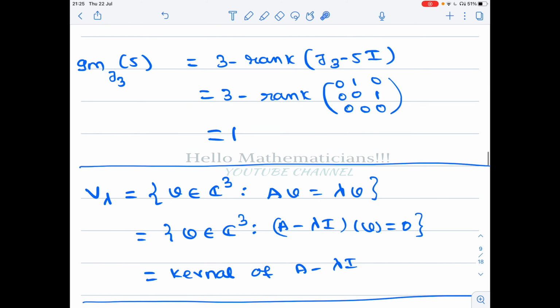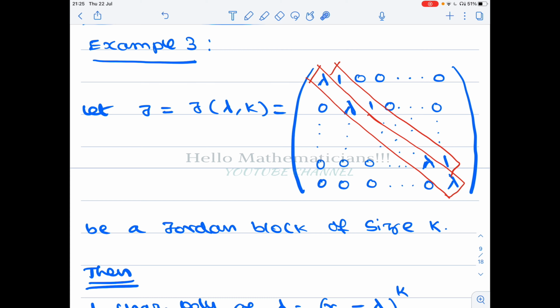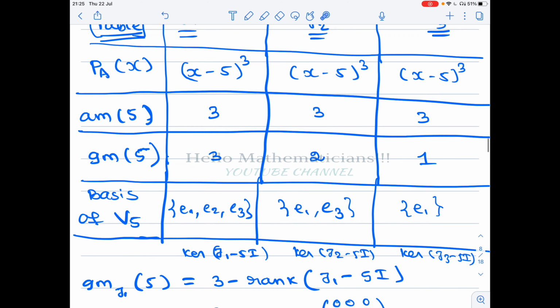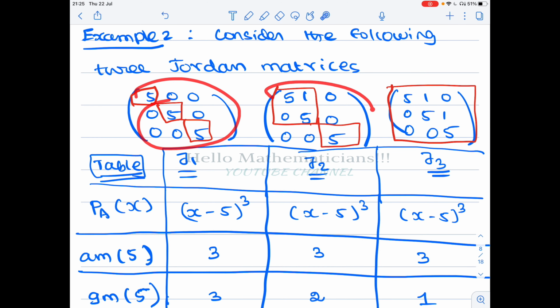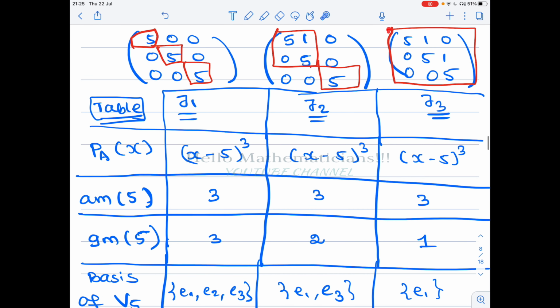Okay. So now we understood how these blocks behave with respect to algebraic multiplicity and geometric multiplicity. So we are going to use this result. In particular, we are interested in this matrix because this is a Jordan block. Why is this a Jordan block? Because all these entries are one.